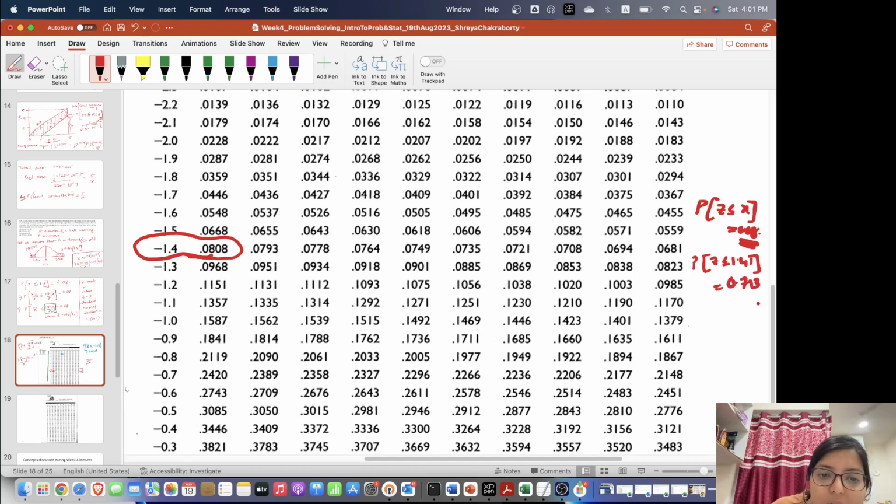It will not be 0.08. But this one, 0.0808, we can take minus 1.41, then we'll get it. Which is closer, I think. Anyway, it will not make much difference, but yeah, you can take it that way.